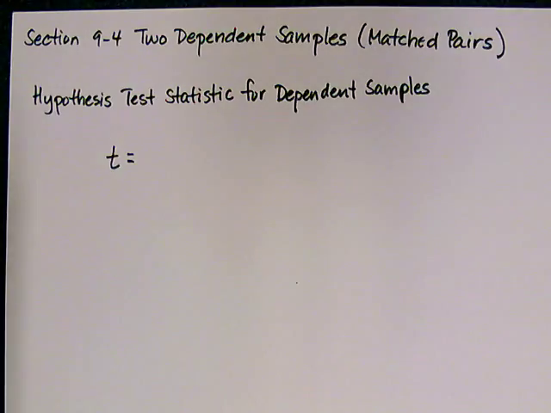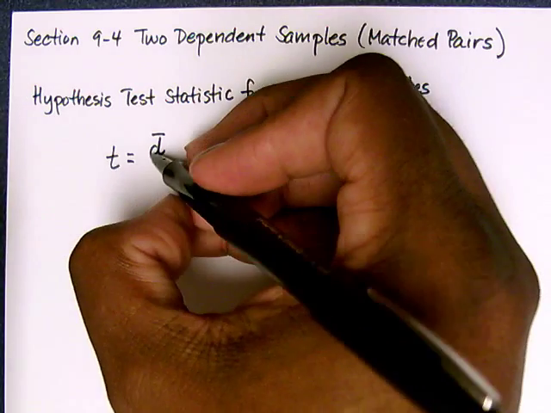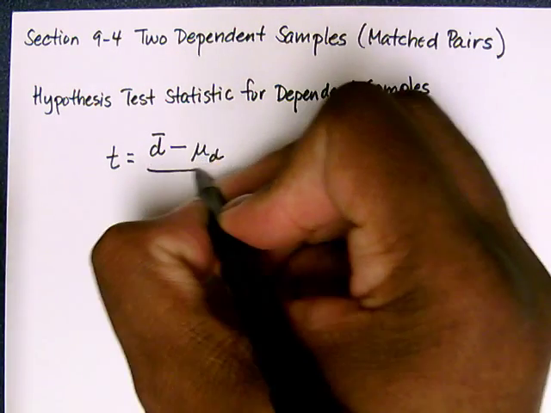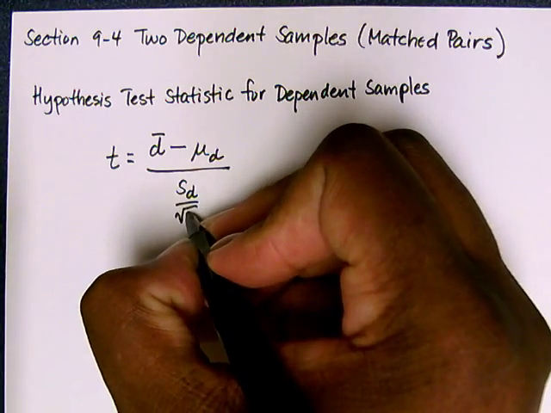And here we're going to use a t test statistic. And that's going to be equivalent to this: t equals d bar minus mu sub d, all divided by s sub d over the square root of n.